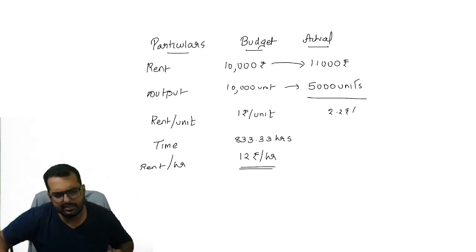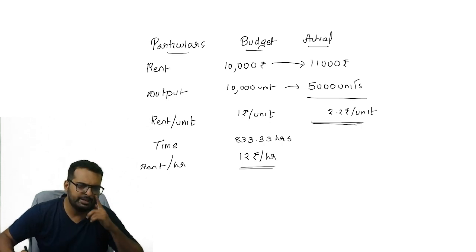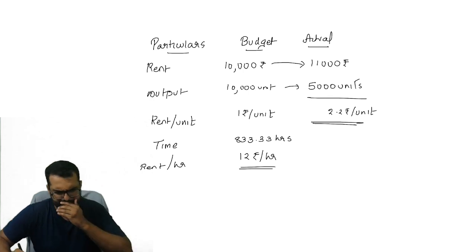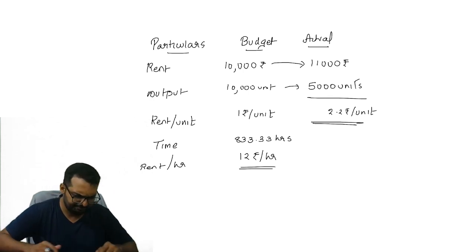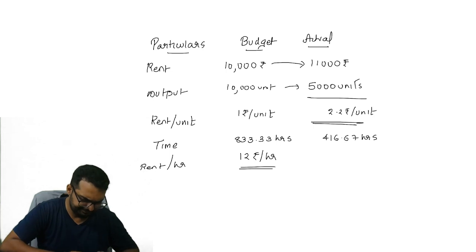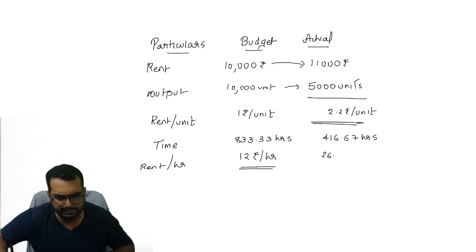Do you get the answer as 2.2 rupees per unit? Correct. And the actual time taken, sorry friends, for 5,000 units at 5 minutes each, it should take 416.67 hours. Okay. So here you will get the answer as 26.4 rupees per hour.